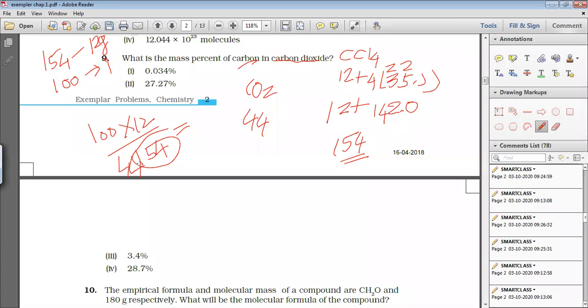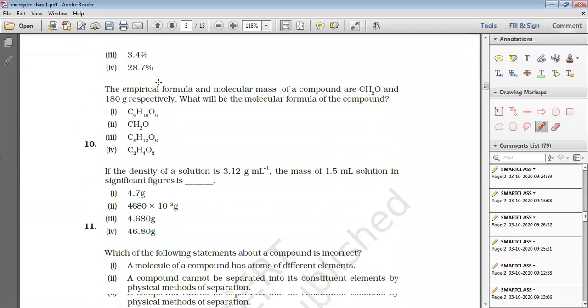Now can you calculate what could be the answer? If we take 44 instead of that, the answer is 27.27. Let's move to the next question.